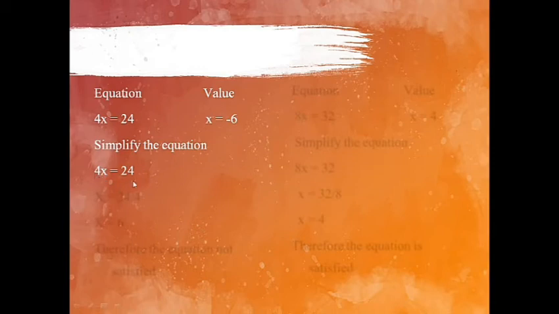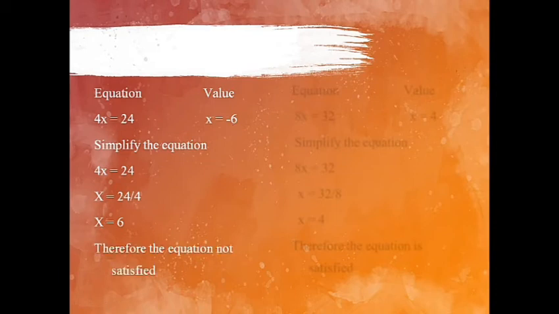We will transfer this 4 to the right hand side and it will go in the form of division, that is x equals to 24 divided by 4, and 24 divided by 4 is equals to 6. Therefore here we got x equals to 6. It means the value doesn't satisfy, because here we got x as 6 and the value is given as minus 6. Therefore the equation is not satisfied.